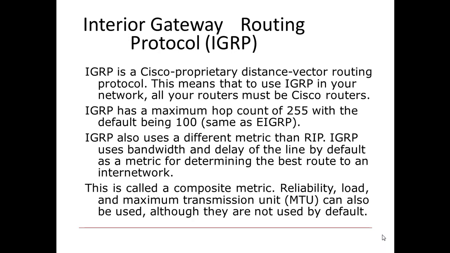You know that Cisco is a vendor that manufactures routers actually. So this protocol is proprietary to them, and it is basically a distance vector routing protocol. And this means that if you want to use this IGRP in your network, you should have all the routers belonging to Cisco, actually the family of the Cisco routers.